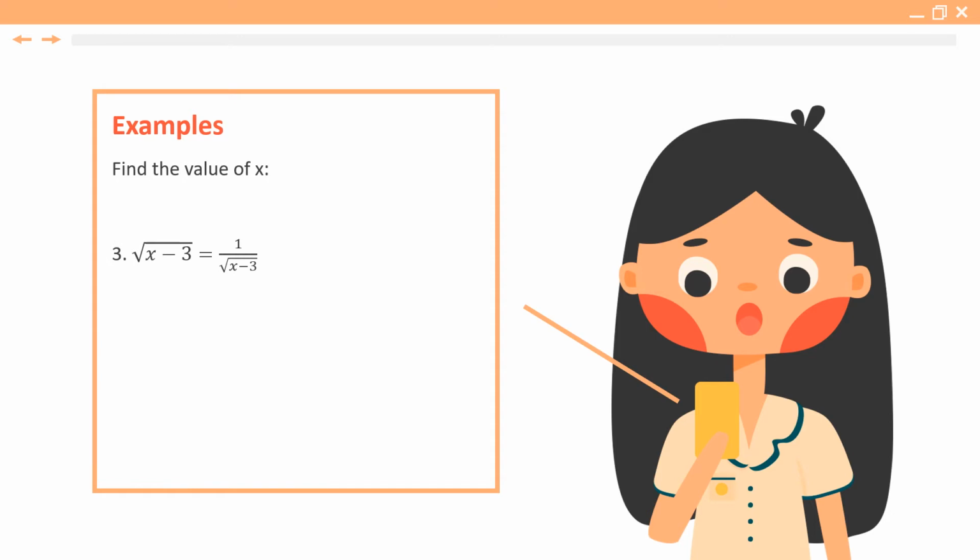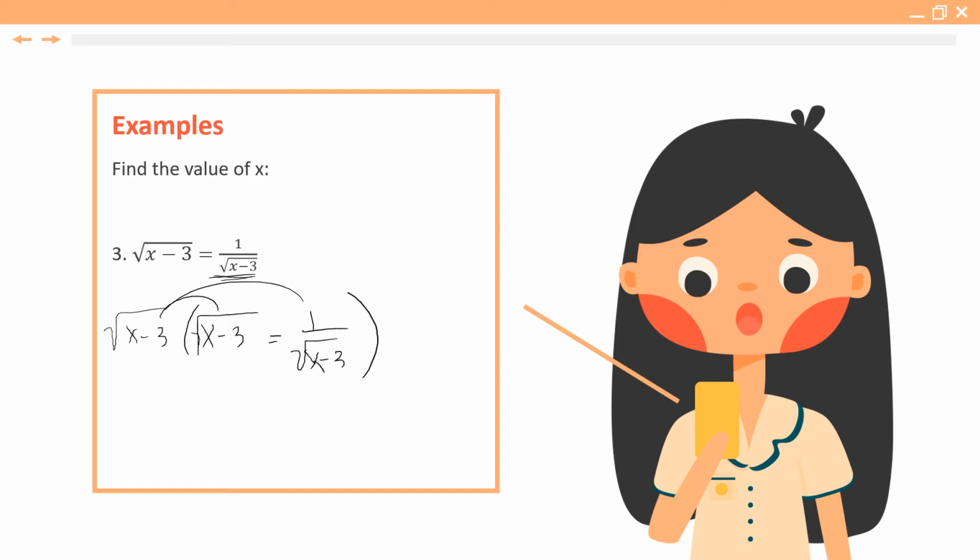For our third example, we have square root of x minus 3 equal to 1 over square root of x minus 3. The first thing that we have to do is remove this from the denominator. So we multiply square root of x minus 3 to both sides. Multiply.